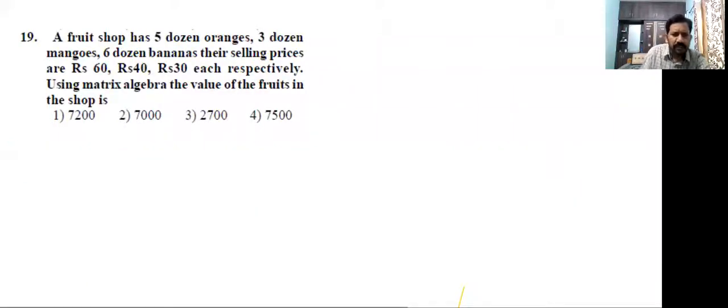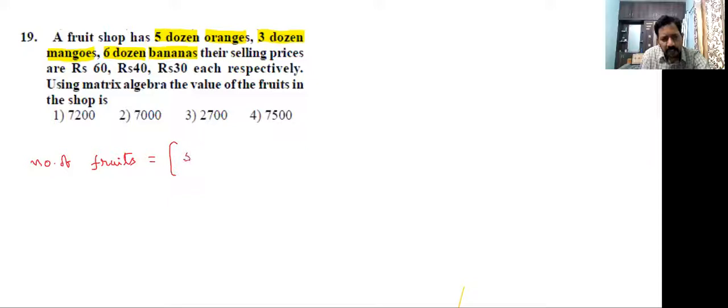This is a different model. A fruit shop has 5 dozen oranges, 3 dozen mangoes, 6 dozen bananas. First we need to write the number of fruits, in matrix form. 5 dozen oranges.